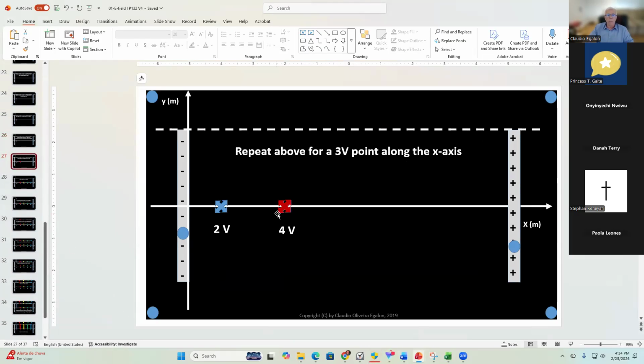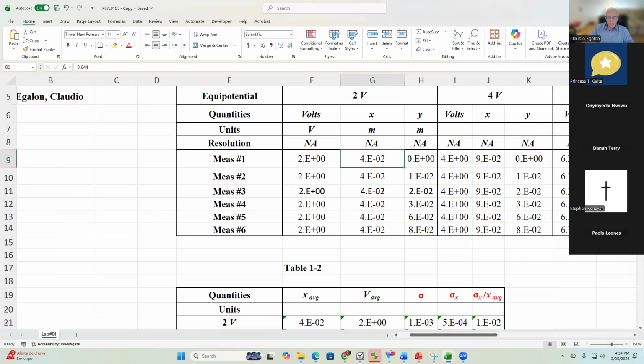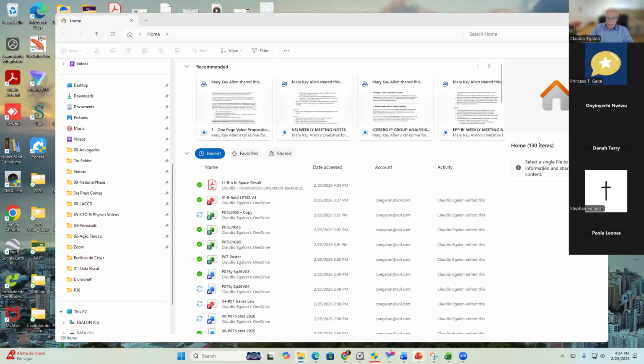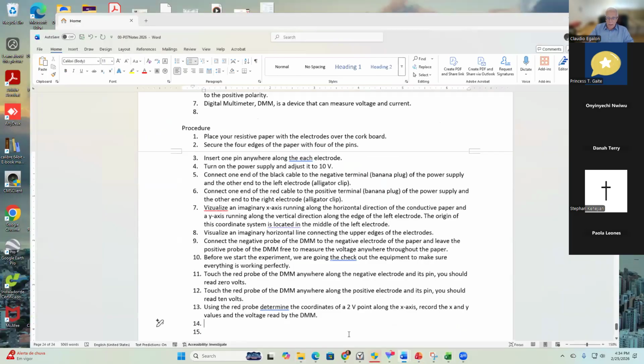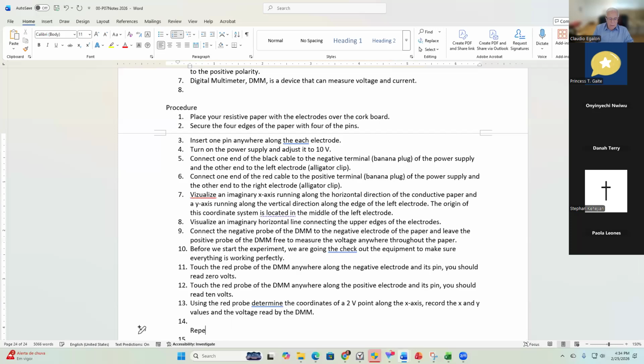Now we're going to find out the position of the 4 volt points along the x-axis. Repeat step 13 for 4 volts, 6 volts, 8 volts, and 9 volts.